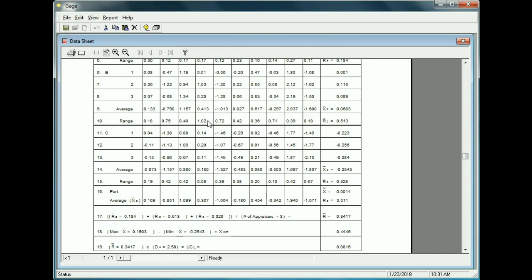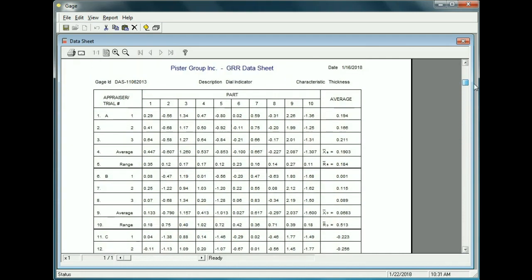That's the guideline that you saw a moment ago, the pop-up that said if you have more than one range beyond the upper control limit, you should look into it. However, we're not going to adjust these measurements. We're just going to leave it alone, follow the AIAG reference numerical example, and leave it in there. So that's the data sheet with all the data measurements already populated.